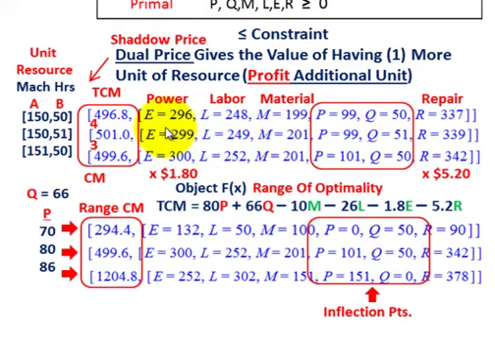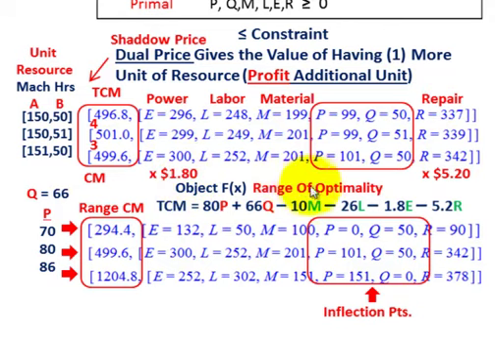For your power, in this case I got E at 300. Remember, we had a factor of $1.80, so you'd take that $1.80 times 300 to get your power result. And for repair, we got 342. You'd take that times the extra quantity amount we had at $5.20 to come up with your repair cost. Just understand that.